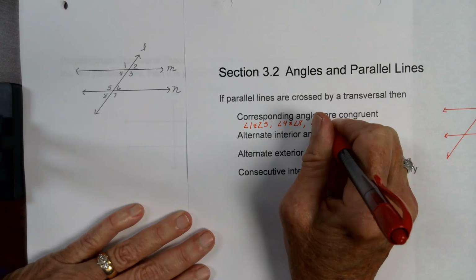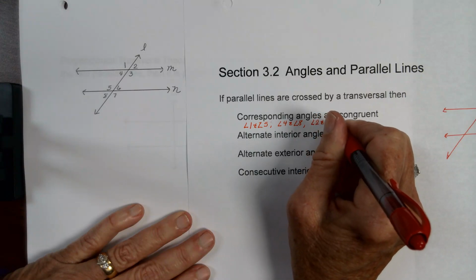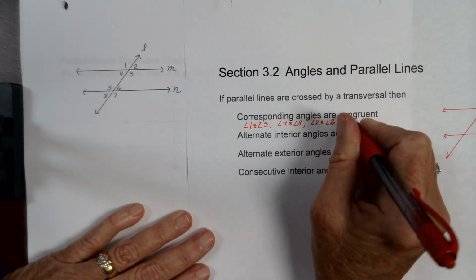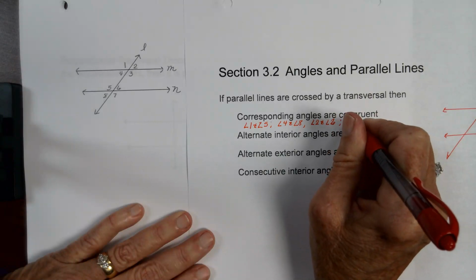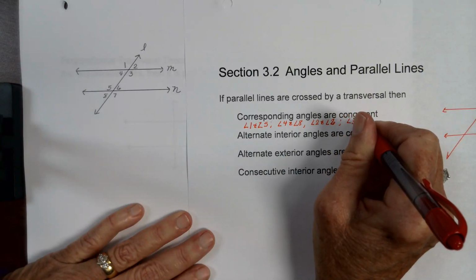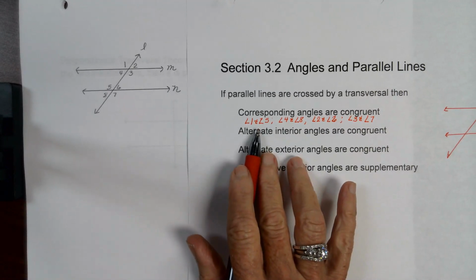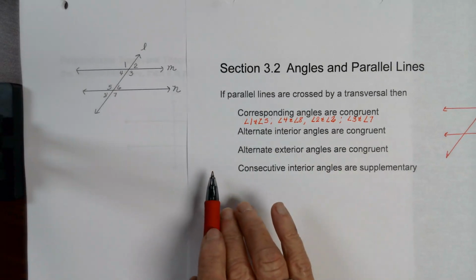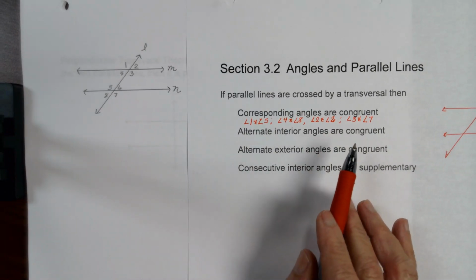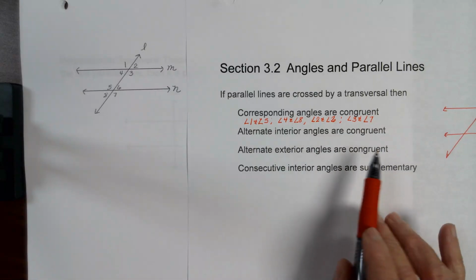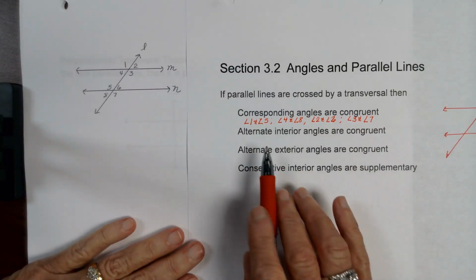Angle 2 and angle 6 would be congruent. And angle 3 and angle 7 would be congruent. So in other words, 1 and 5 have the same measurement, 4 and 8 have the same measurement, 2 and 6 have the same measurement, 3 and 7 have the same measurement.